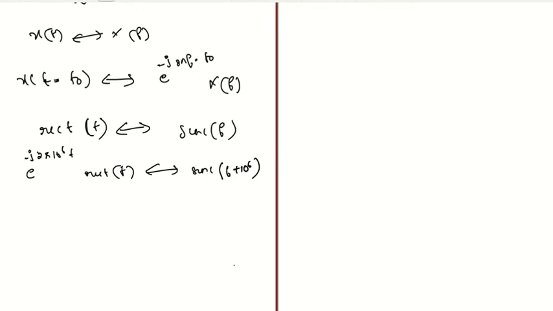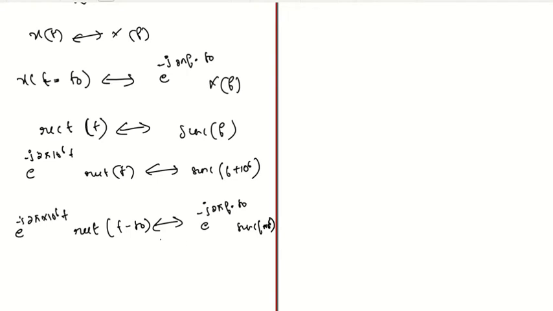And now what happens? E raised to minus j into 2 pi into 10 raised to 6 t, rectangle t minus t0 gives us e raised to minus j into 2 pi f into t0 sinc f plus 10 raised to 6.